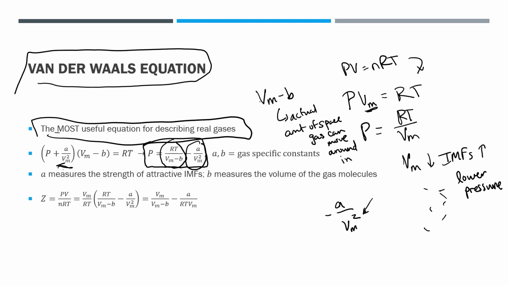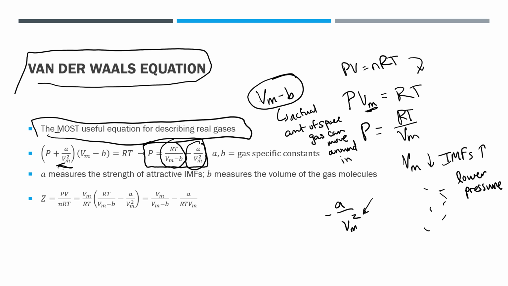B is basically describing the repulsive forces between particles that prevent one particle from occupying the same volume as another particle, right? So B is telling us that a gas particle cannot be literally on top of another gas particle. It only has this amount of space to go around in.